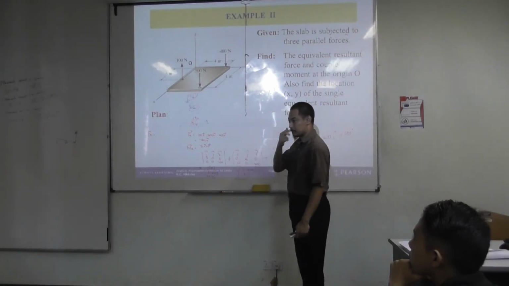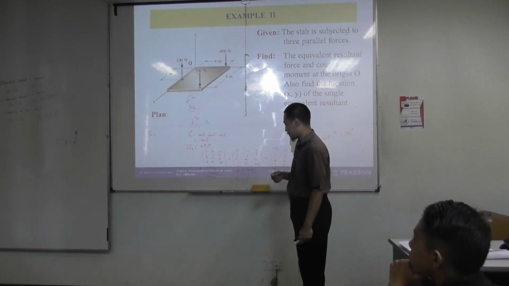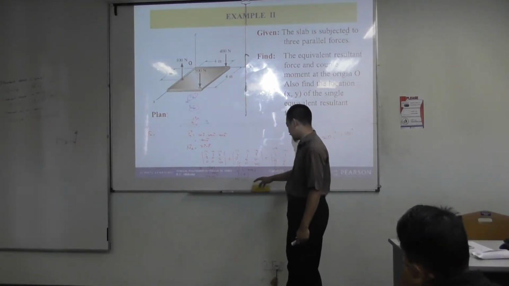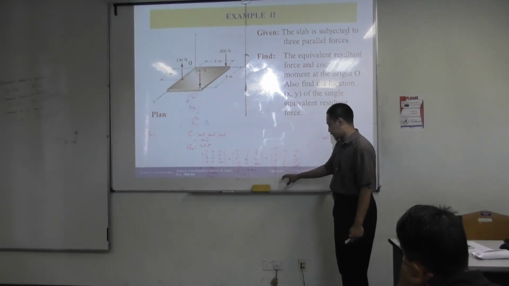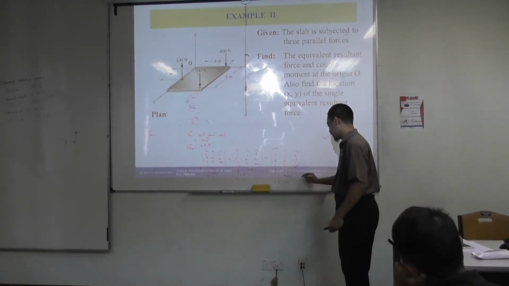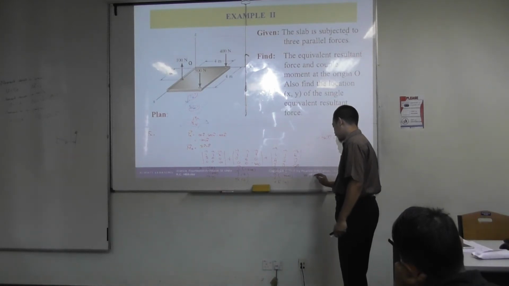Negative, yeah. Negative 300. This 0. This becomes minus, becomes positive 2000. It becomes minus 300 plus 2000.